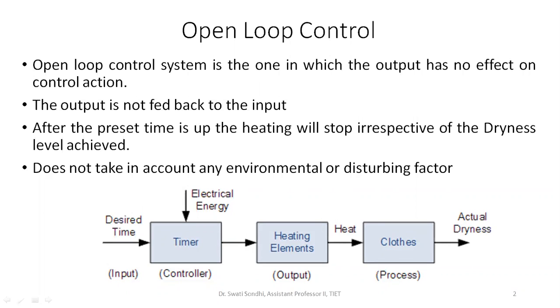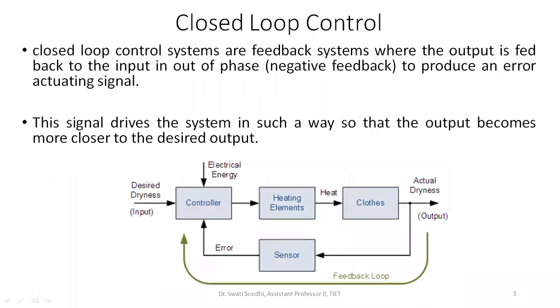There is no comparison between the obtained output and the desired output. And so consequently, there is just one prefixed control law which is going to perform its action, and then it is going to stop irrespective of whether the desired output has been achieved or not. Okay, so this is open loop control.